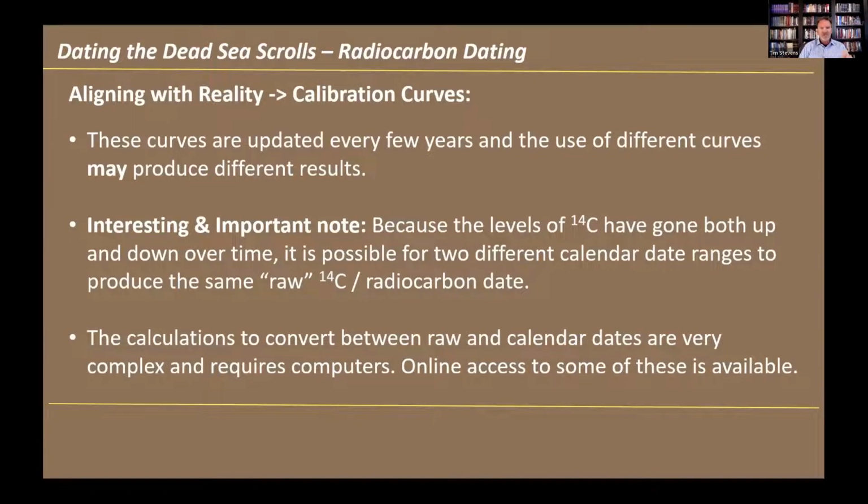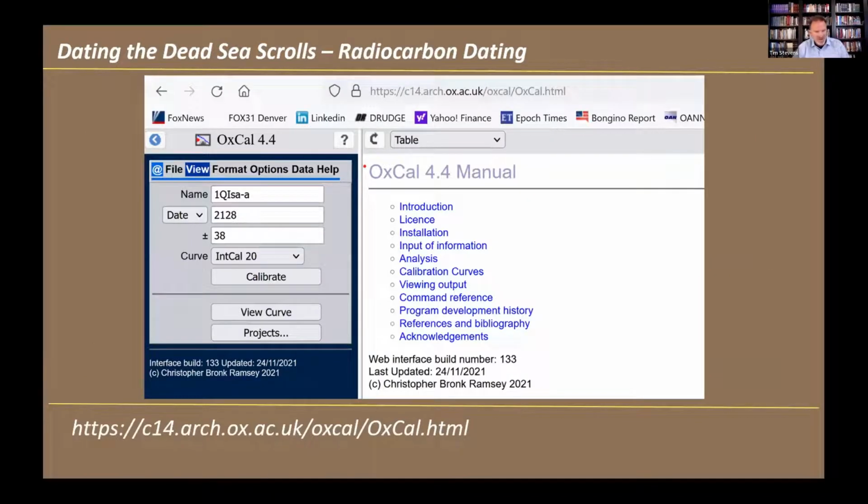The calculations to convert between raw and calendar dates are very complex and require computers. And online access to some of these is available. So I went to one at Oxford University, and I put in the dates for the Isaiah scroll. This is for the one from the Zurich lab, 2128, plus or minus 38 years.